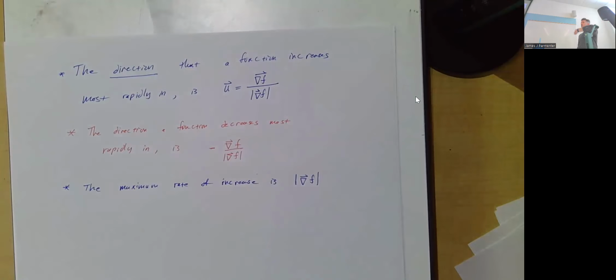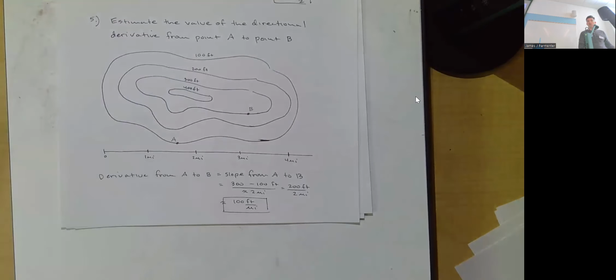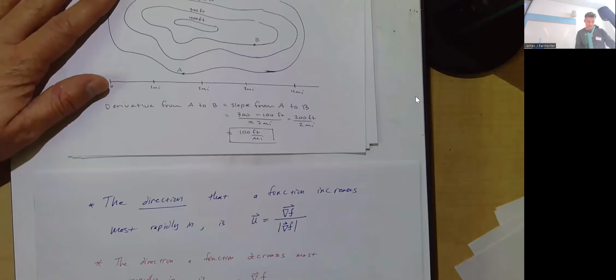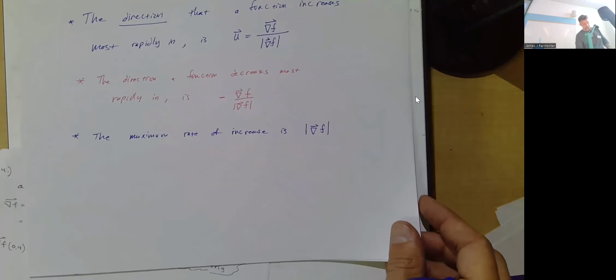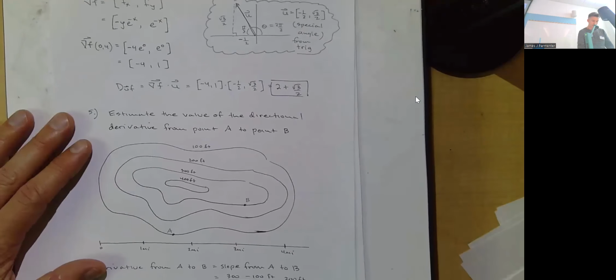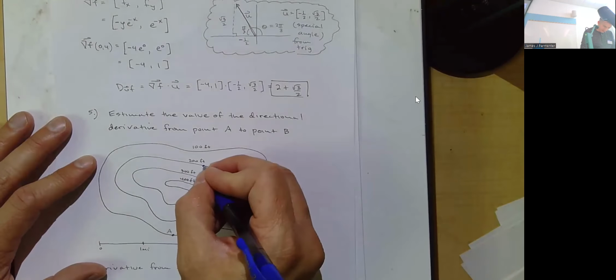When you think about the gradient, you should be thinking about, if you're out hiking, I always come back to hiking because there are literal topographical maps. If you're out hiking and you're looking at your map, and I want to go in the direction of the gradient, from here I'm going to be going that way.